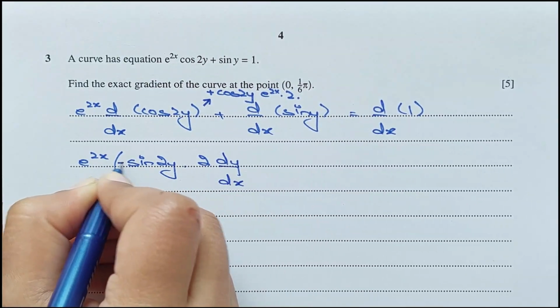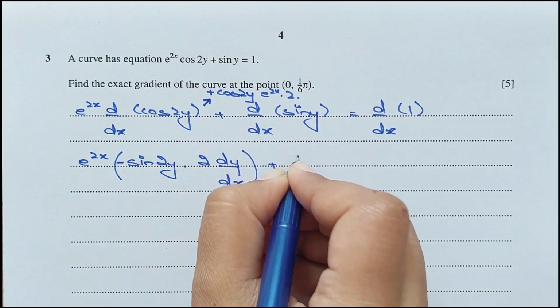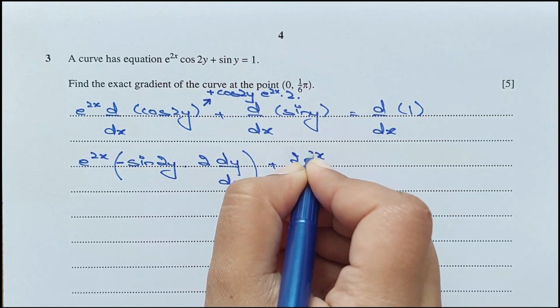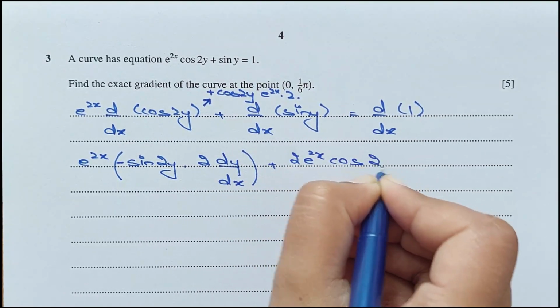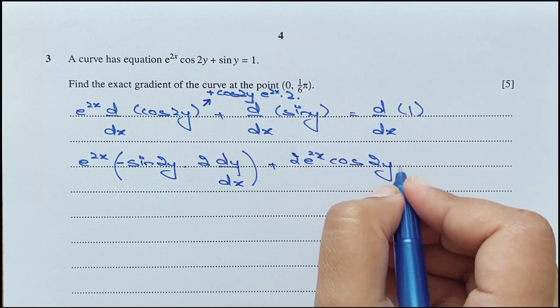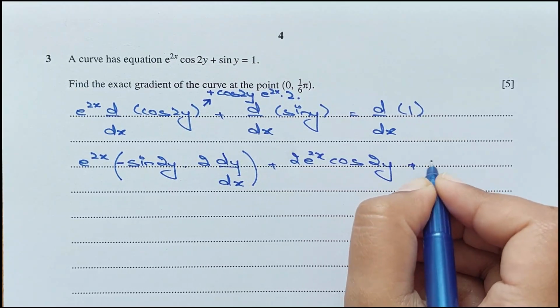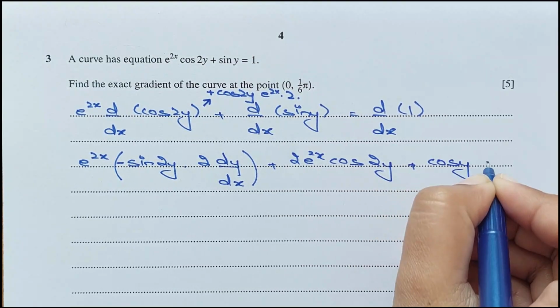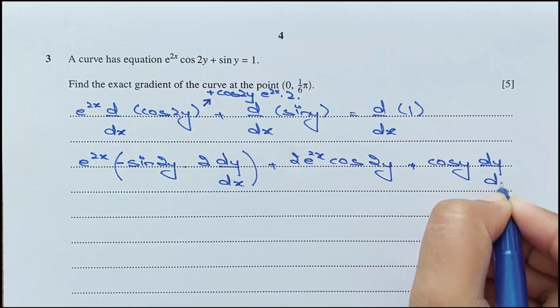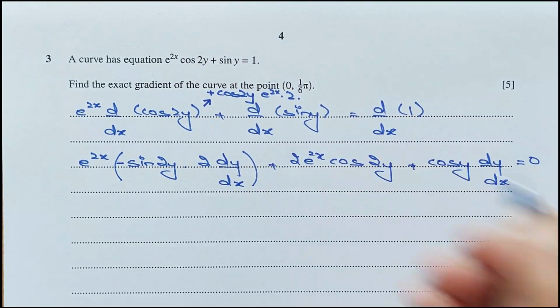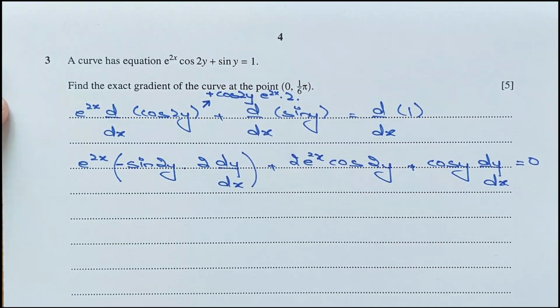Cos derivative is negative sine, sorry. And plus 2e^(2x) cos 2y, right? And plus sine derivative is cos y dy/dx equals 0. The derivative of the constant 1 is just 0, right?